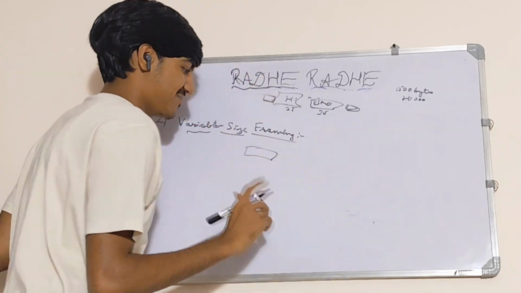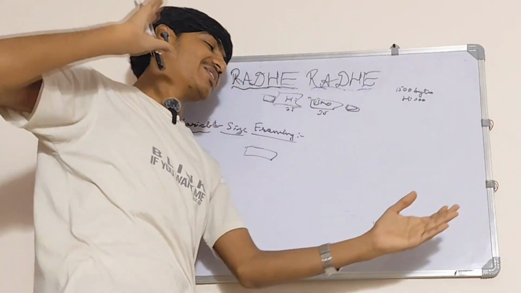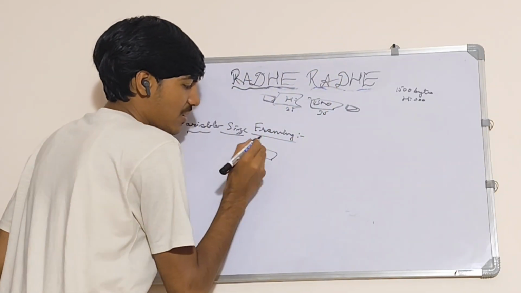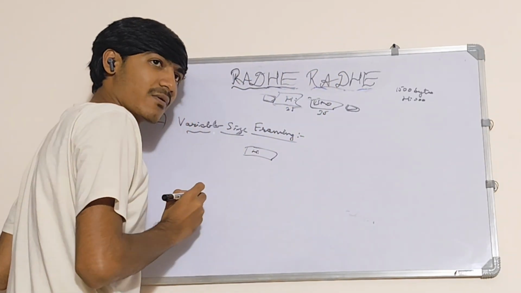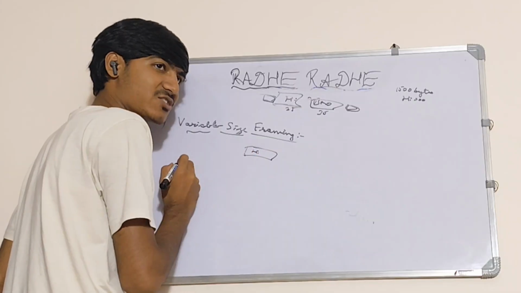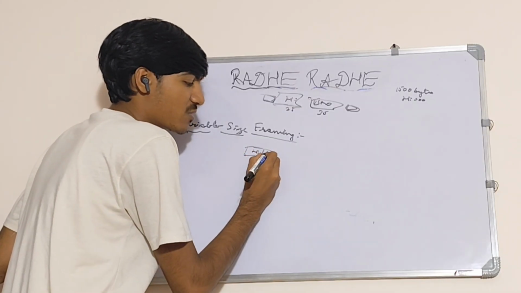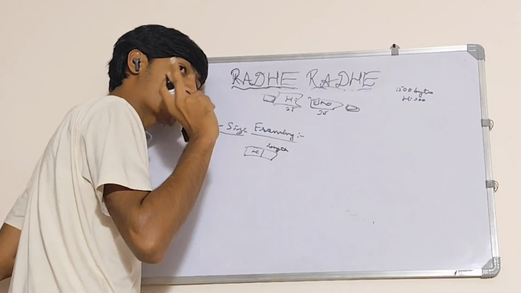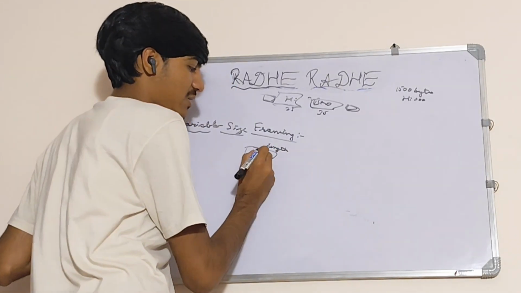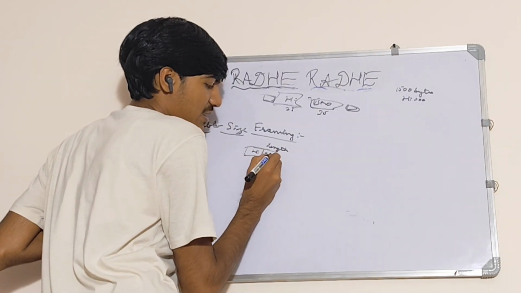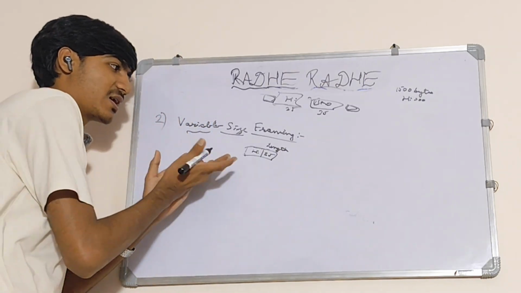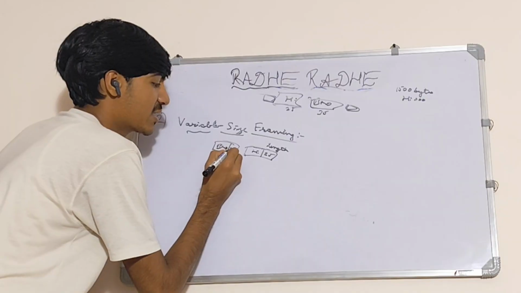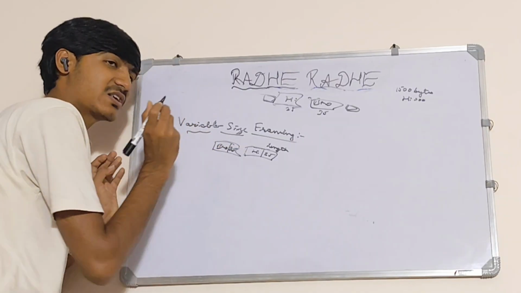Here he sends "hi", which is the actual data, but he puts one more field called the length field in the header of the frame. He puts 25 here. Now the second frame, which is "bro", has the length field as 35.